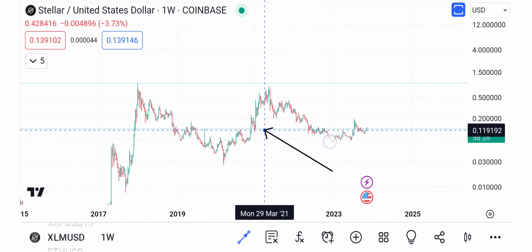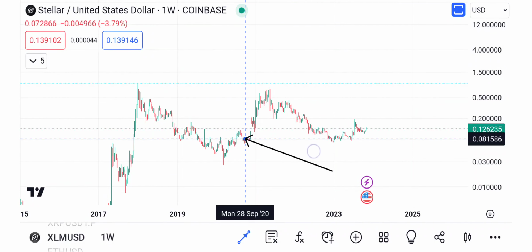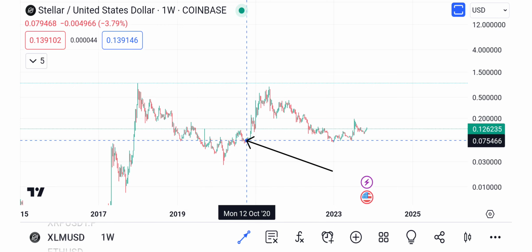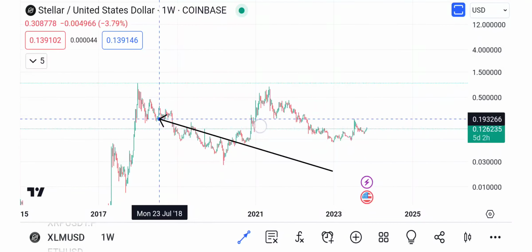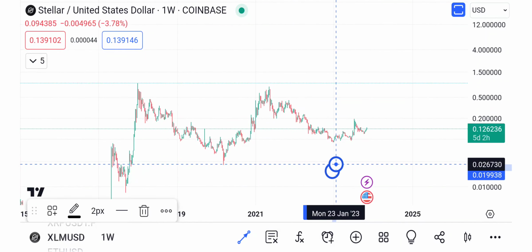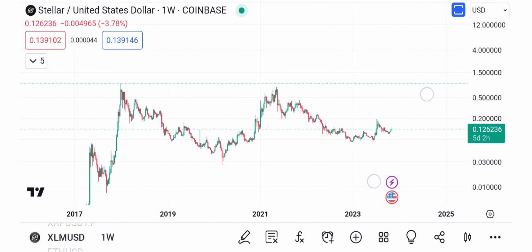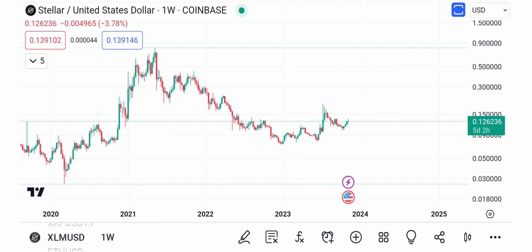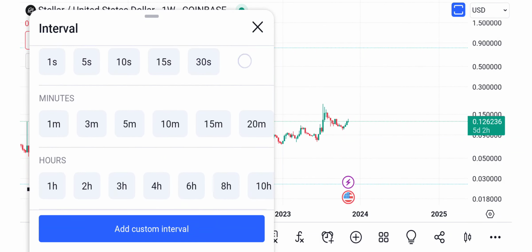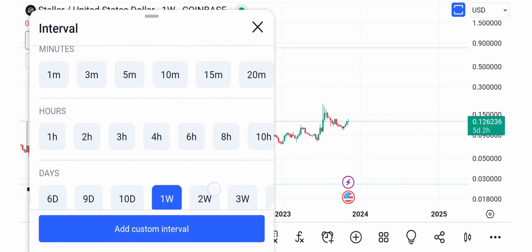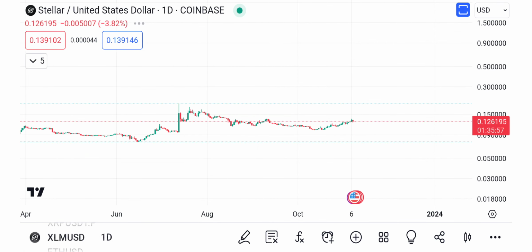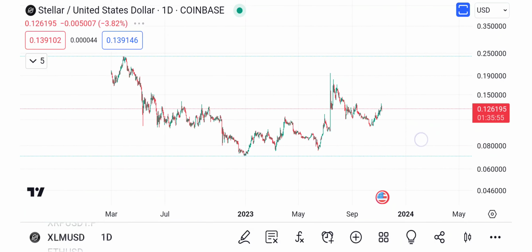So we're at the equivalent of being right in here somewhere, so we still have a ways to go, and I consider this still a good area for DCA. So let's talk about the smaller time frames, and then we'll go into the targets of the whole bull run. Let's check out the daily real quick.